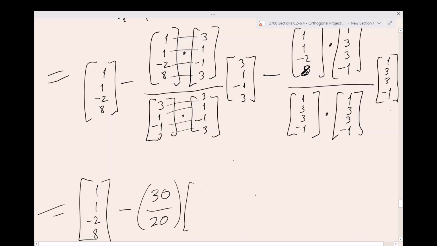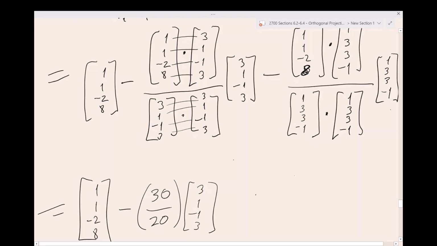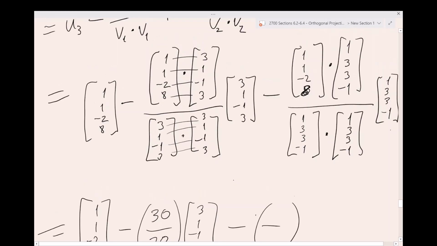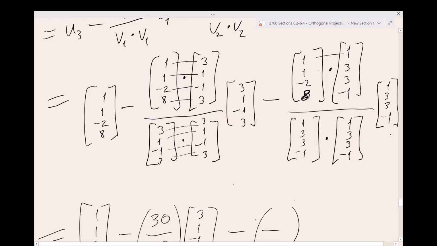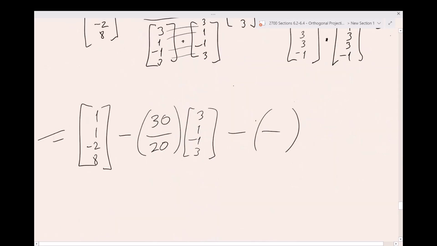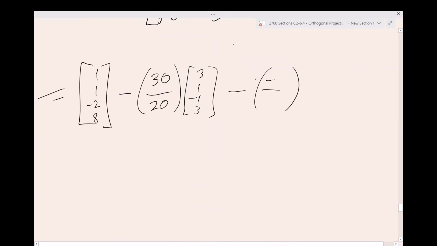And then I'm using that to scale 3, 1, negative 1, 3. Over here, on top I've got 1 plus 3 minus 6 minus 8. 4 minus 6 would be negative 2, minus 8 would be negative 10. So I have negative 10.